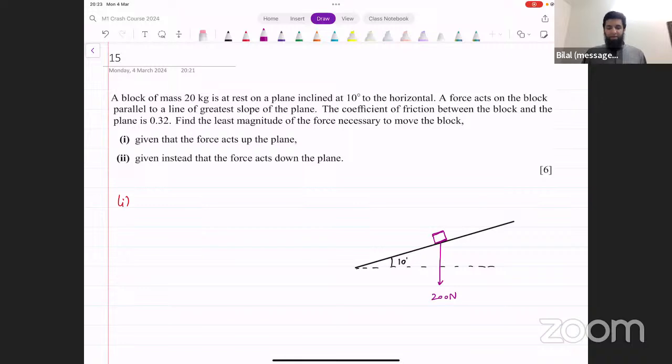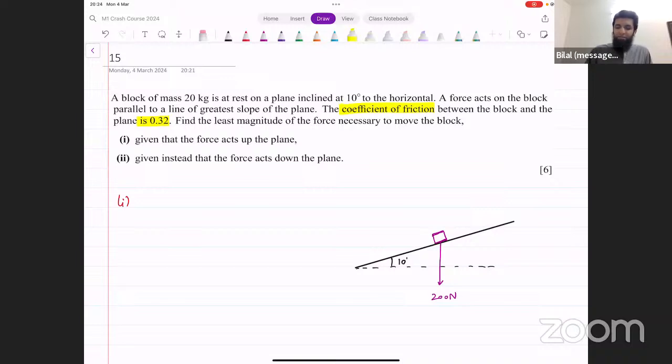Now, a force acts on the block parallel to the plane. So whenever it says parallel to a line of greatest slope of the plane, all that means is parallel to the plane, in the direction of the plane. The coefficient of friction is 0.32.